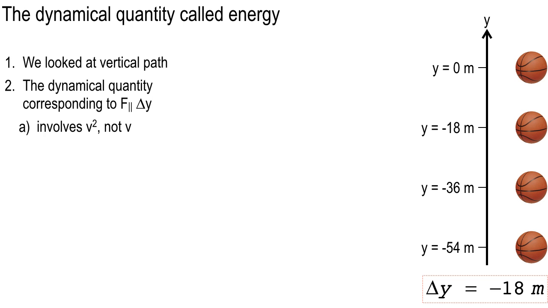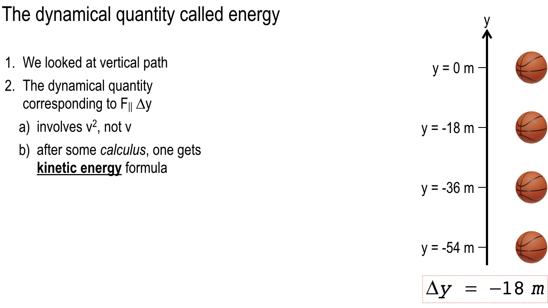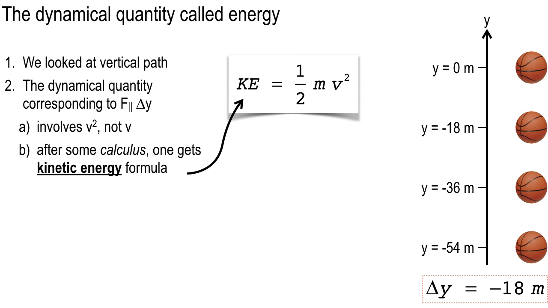Now, the dynamical quantity that corresponds to that is not V. It involves V squared, however. If you do some calculus and a bunch of trig, it works out that the quantity that is changing is something called kinetic energy, 1/2 mv squared.